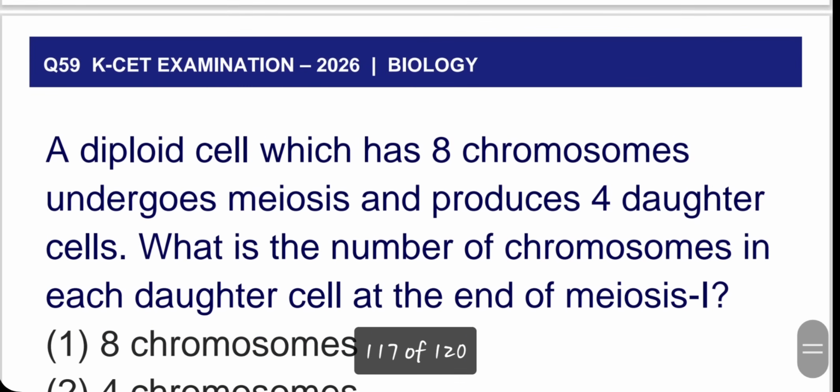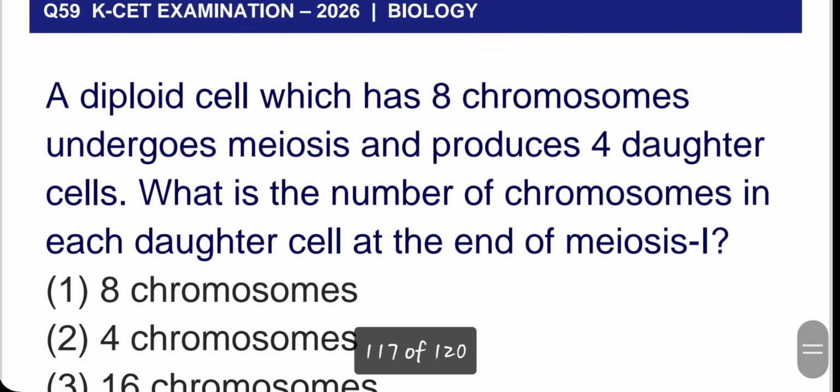A diploid cell which has 8 chromosomes undergoes meiosis and produces 4 daughter cells. What is the number of chromosomes in each daughter cell at the end of meiosis 1? Eight chromosomes, so they are going to have 4 chromosomes, because after meiosis 1 itself the ploidy level gets decreased.